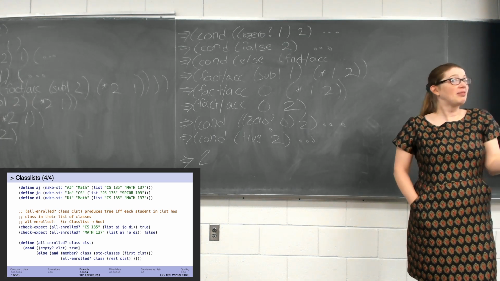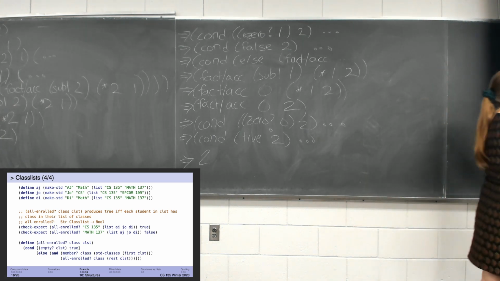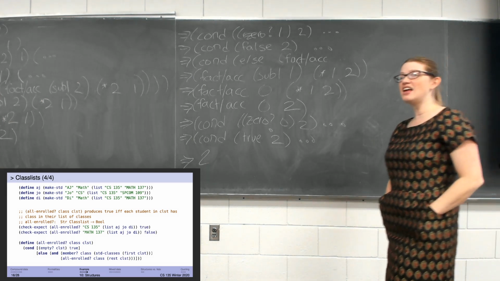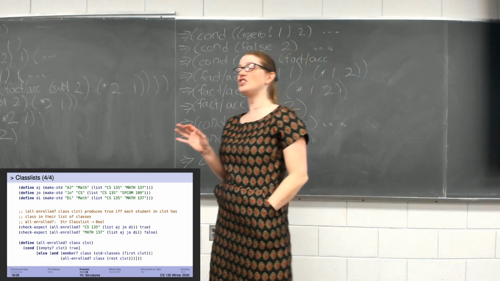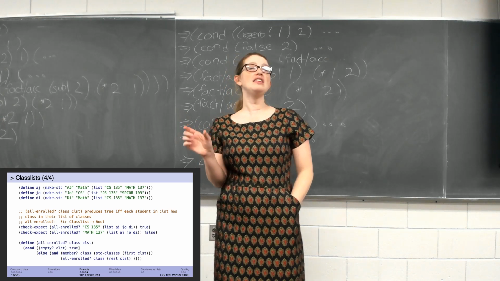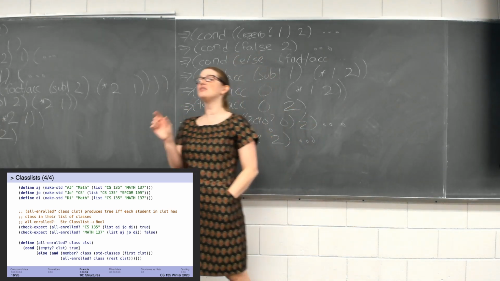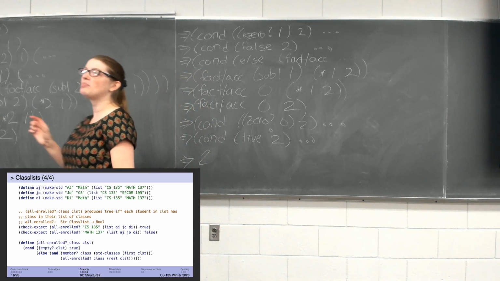Therefore, there's no problems, right? Otherwise, we're going to check the current student and check the rest of the students. And again, note that we're using first to access the student in the list of students. But once we're trying to access the fields of the student, we use the selector for that particular field.